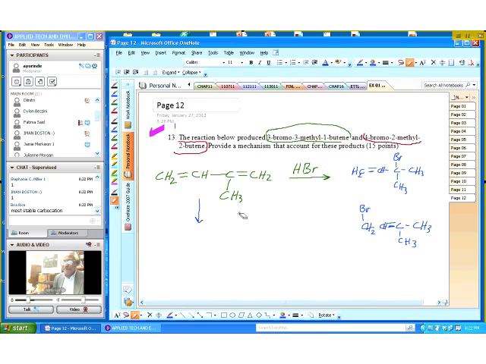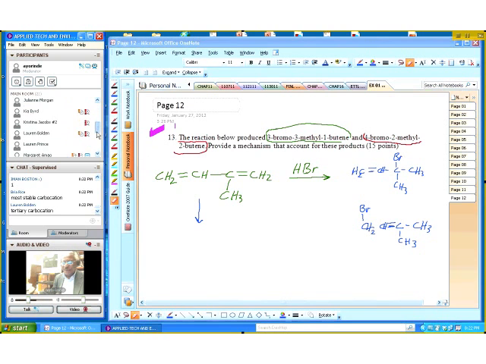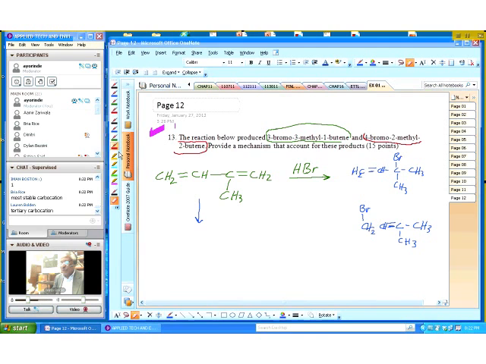Most stable carbocation. Excellent. The reason why this double bond will attack is because you will form the most stable carbocation. Keep in mind, folks, that is the essence of all carbocation reactions.